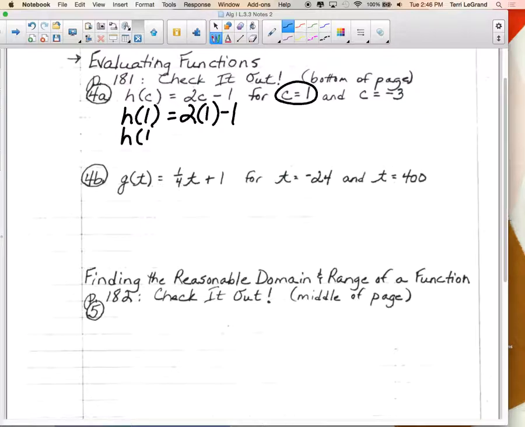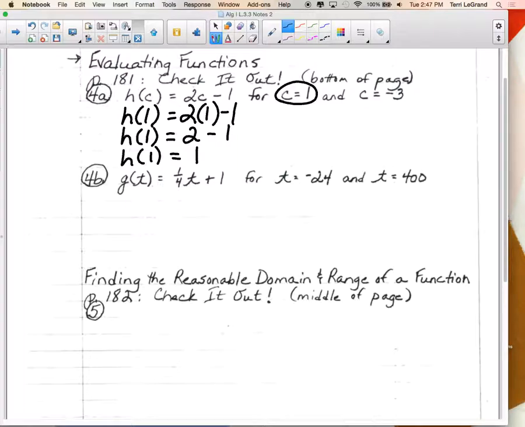Our output, h of 1, our dependent variable, is equal to 2 times 1 is 2. And then we're going to take 1 away from that. So our h of 1, our dependent variable, is, what's 2 minus 1? 1.